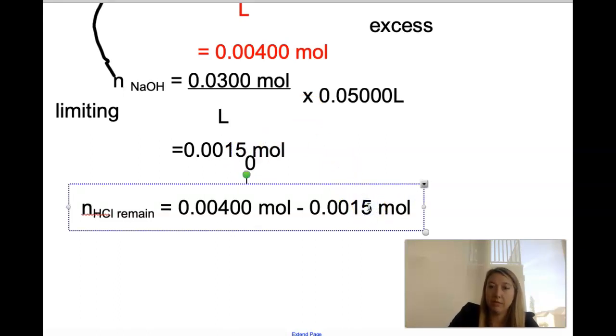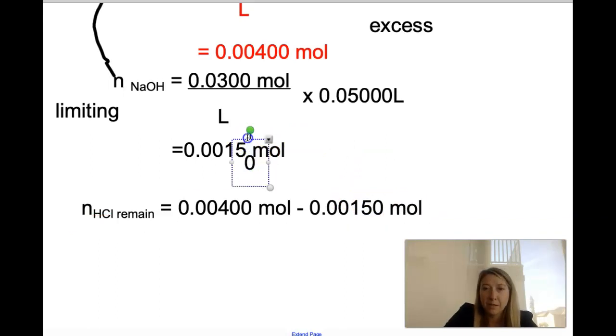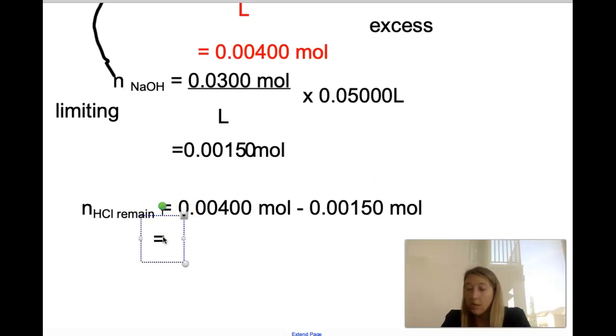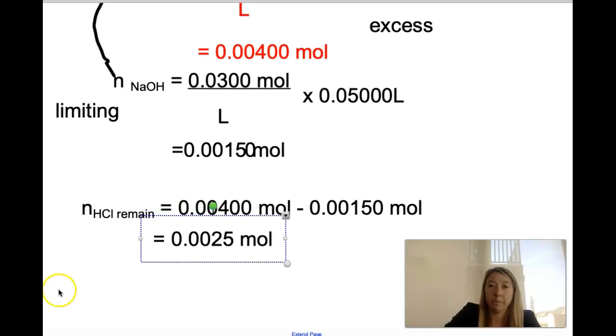Let's see if I can shift that. There we go. We'll just squeeze that right in there. All right, so now we're going to do our 0.004 minus 0.0015. So that is going to tell us that the moles of HCl that remain are going to equal 0.0025 moles.